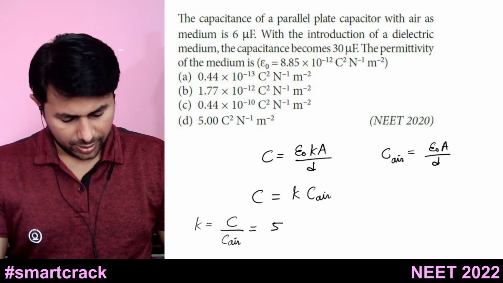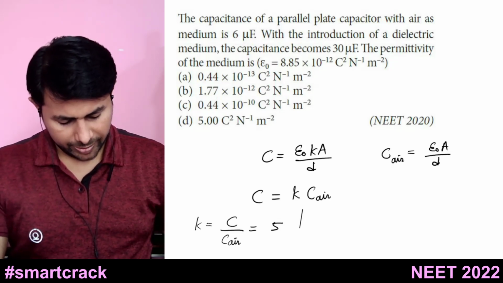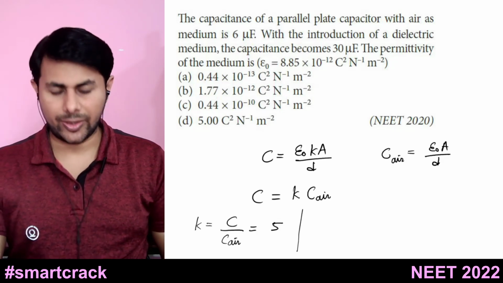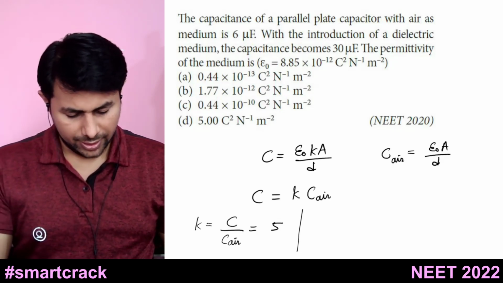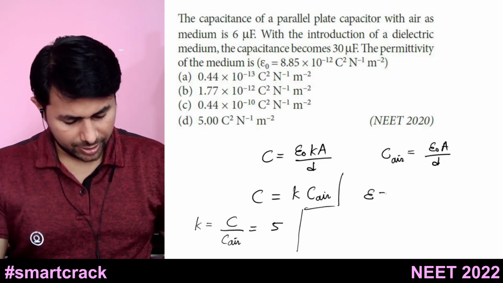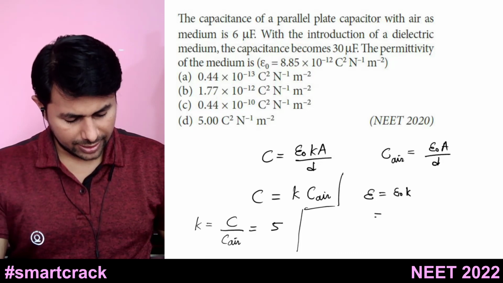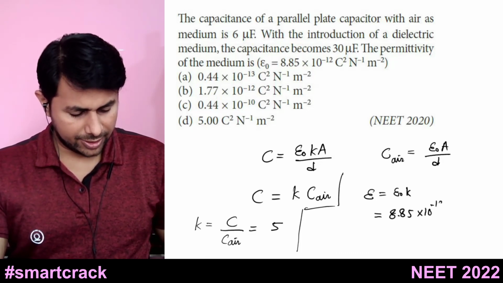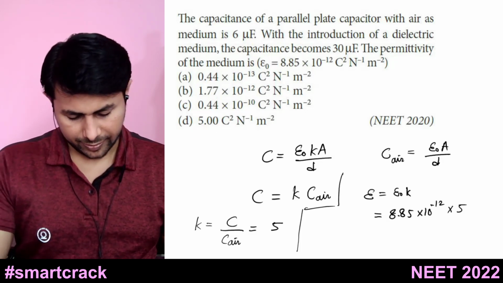Then we want permittivity, not relative permittivity or dielectric constant. So the permittivity of the medium, epsilon, is epsilon 0 K, and that is equal to what? 8.85 multiplied by 10 raised to minus 12 multiplied by 5.